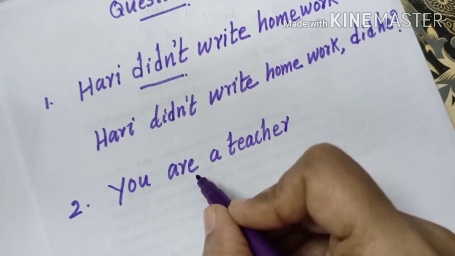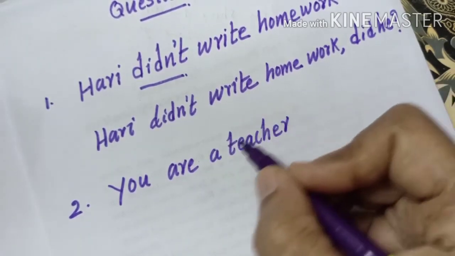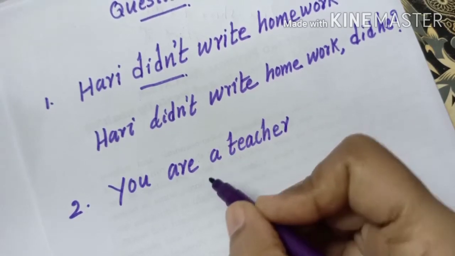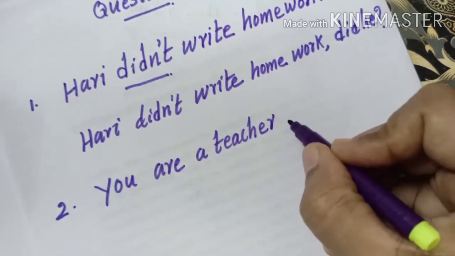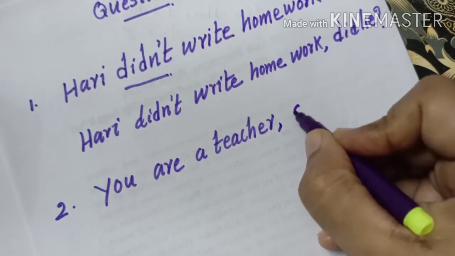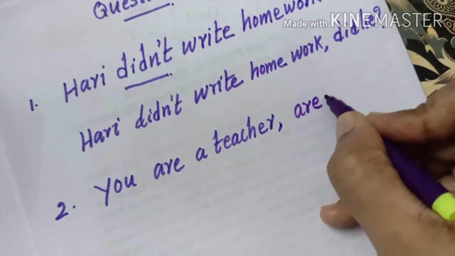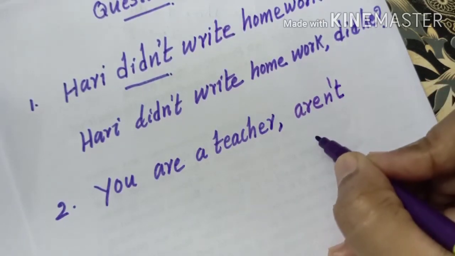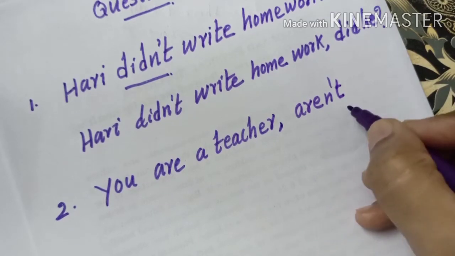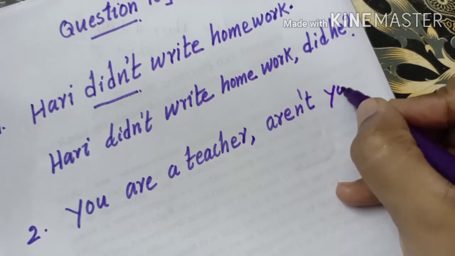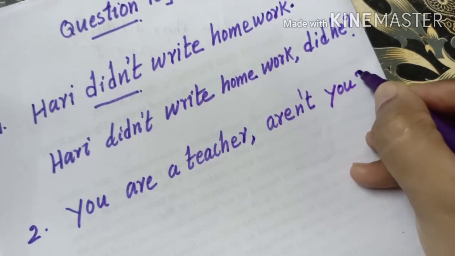So, are. Add not to that: aren't. Always use a contracted form, the short form. Don't use are not. After the sentence you have to put the comma. Then aren't you? Don't use are not, use the contracted form. So, aren't you? Put the question mark.